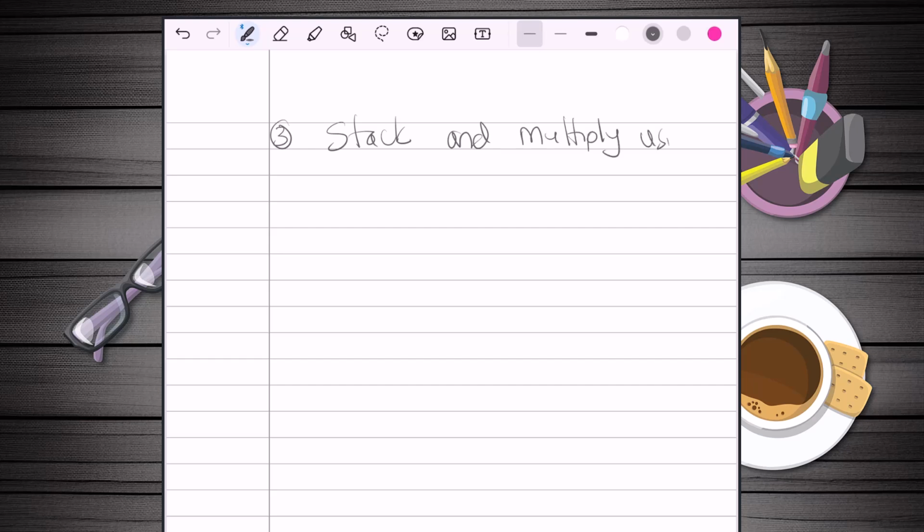You may also use partial products or area model if you are out of practice with standard algorithm, but standard algorithm is the method that we should be using in 5th grade and beyond. We're going to stack our numbers 246 times 8 and multiply.